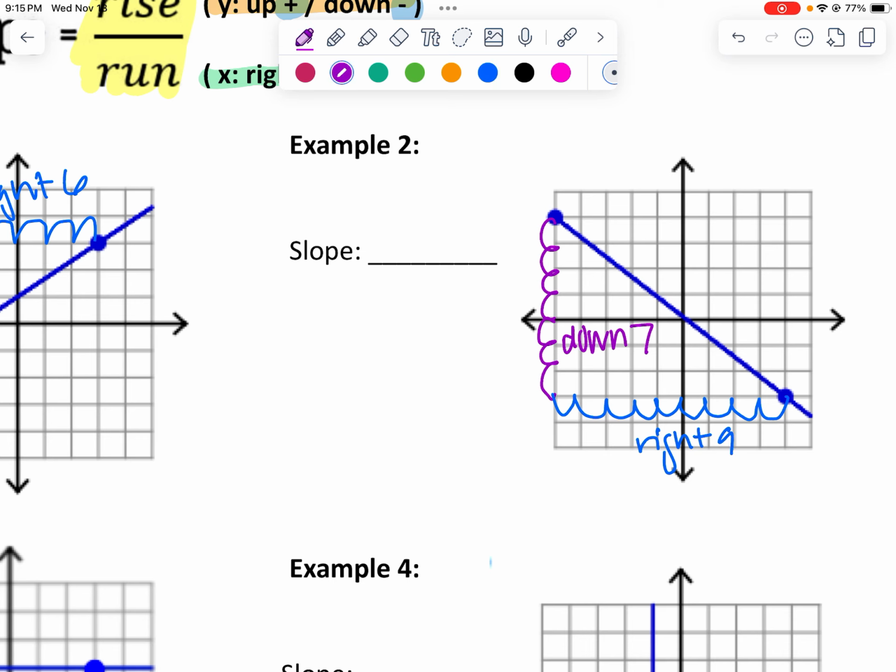Okay, so again, my rise, in this case, we're going down 7. So this is a -7. And then we're going right 9. And we got a fraction of -7/9. Now, if we plug this in my calculator, this would be the reduced fraction in this case.